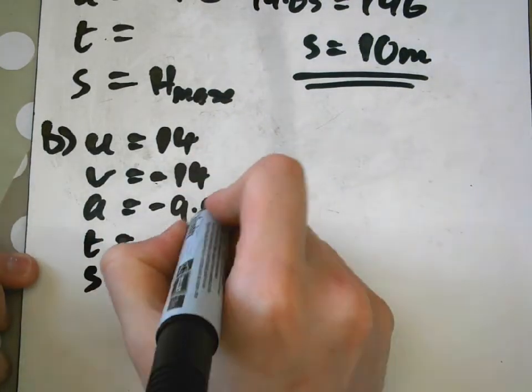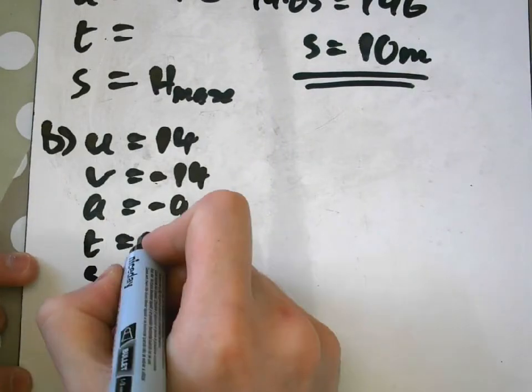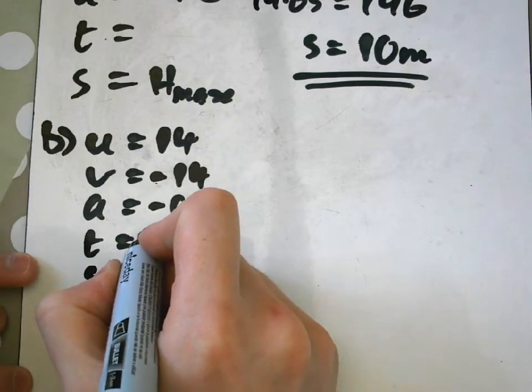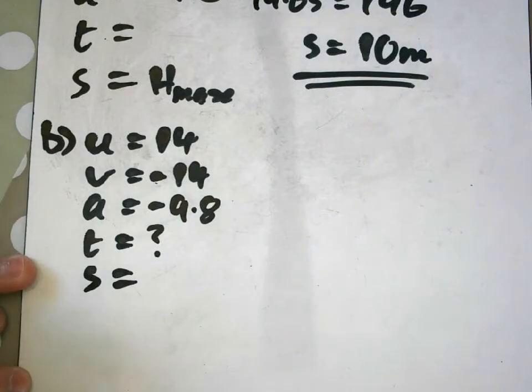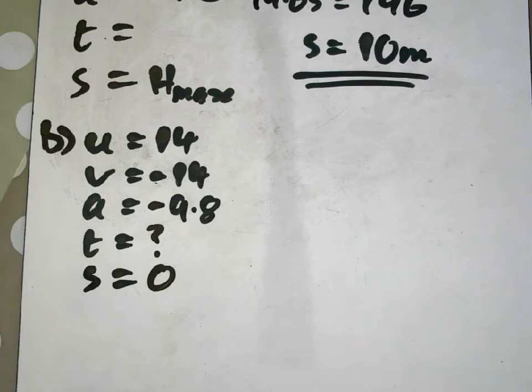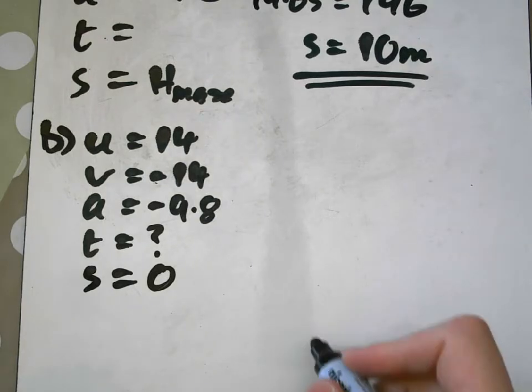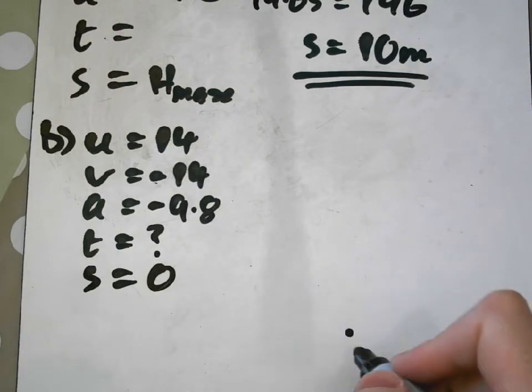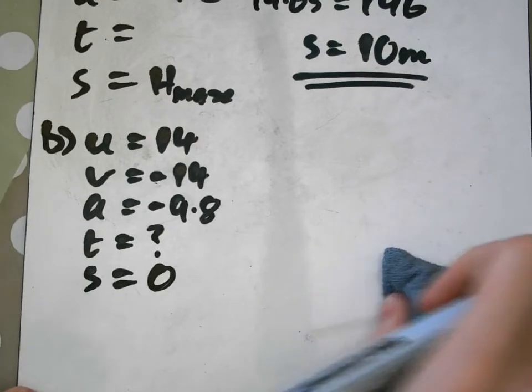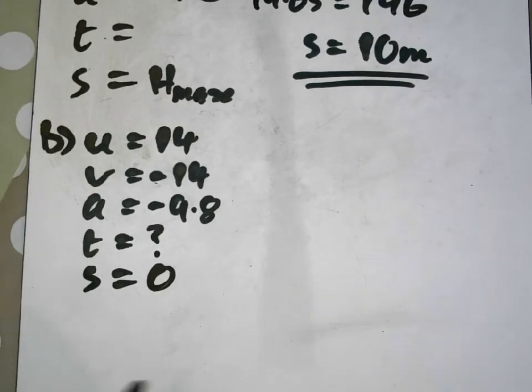Acceleration is still going to be our negative 9.8, 1g. Time is now our key bit of information to find, and the overall displacement is 0 because we're measuring the time from the stone leaving a point and then returning to the exact same point. Okay, so in effect, it's actually not moved. We want to know what is the time value at which point the stone returns to its original position.